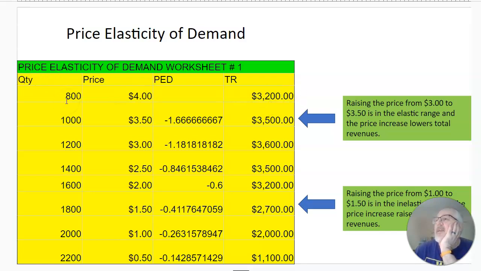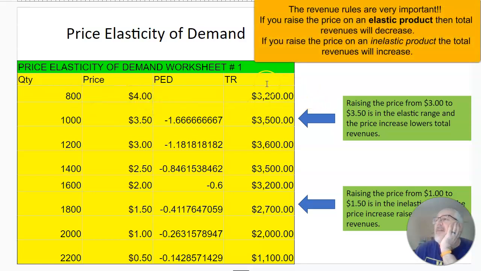When the price is $4, we sell 800 units. That gets us total revenue of 3,200. When we drop the price to 350, we can sell 1,000 units. That gets us total revenues of 3,500. So in this case, lowering the price increased total revenues. What if we go down to $3? Well, here we're still elastic because the number here is greater than 1.